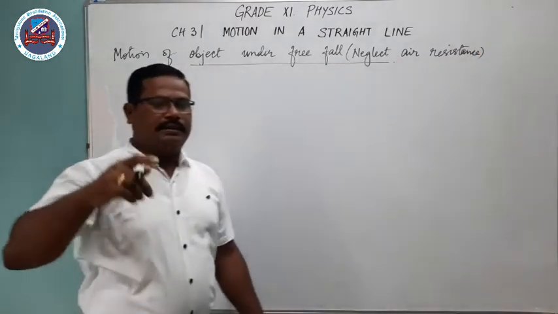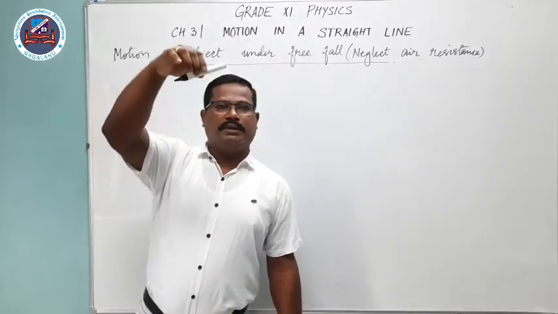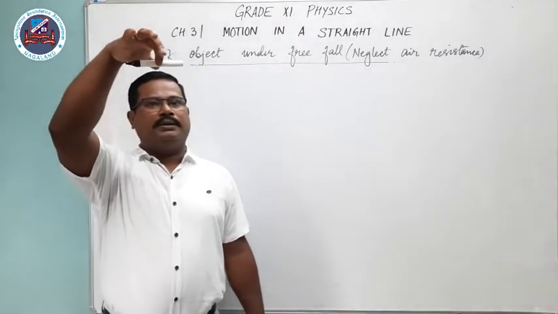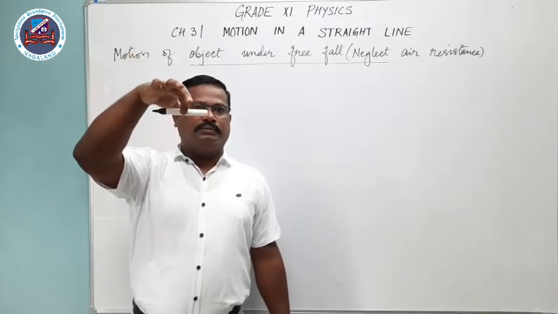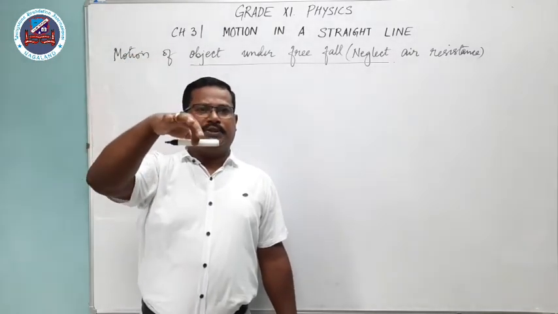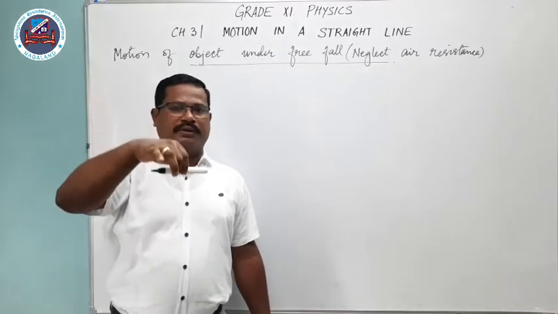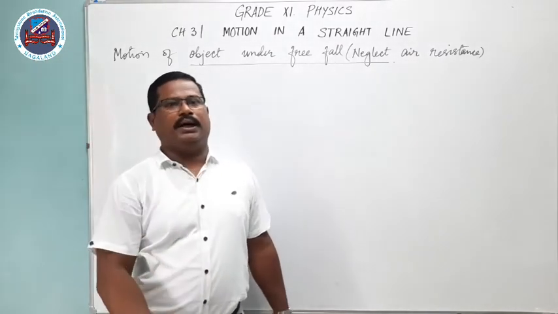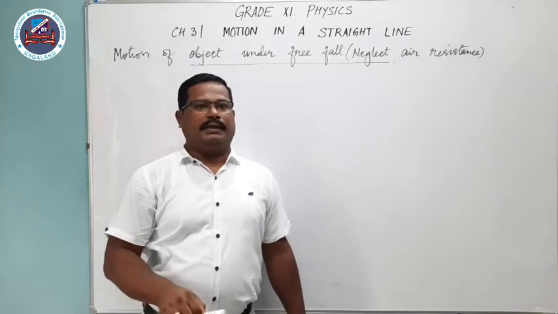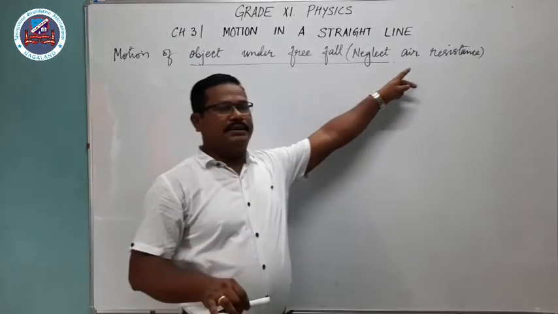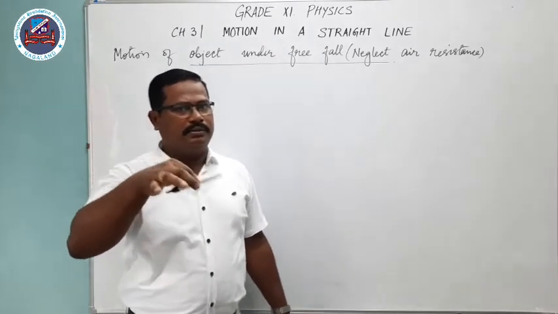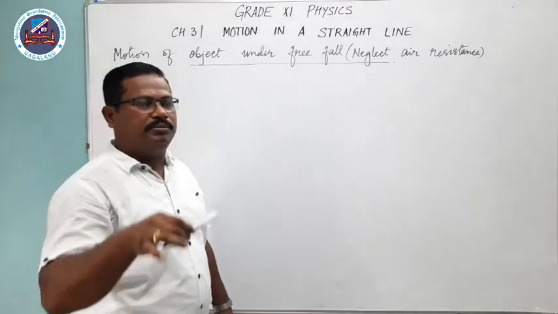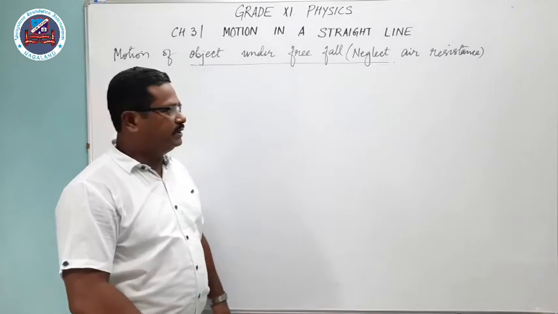If an object is released near the surface of the earth and comes down due to the acceleration due to gravity of the earth, or the force of gravity towards the earth, and if we neglect the air resistance, then the object can be said to be under free fall.